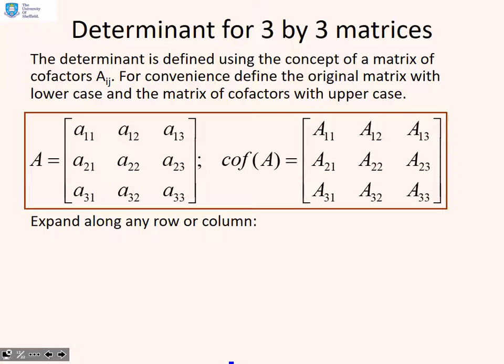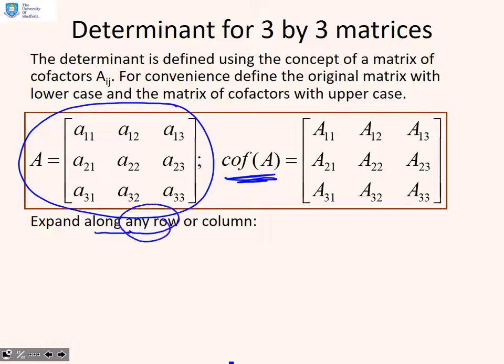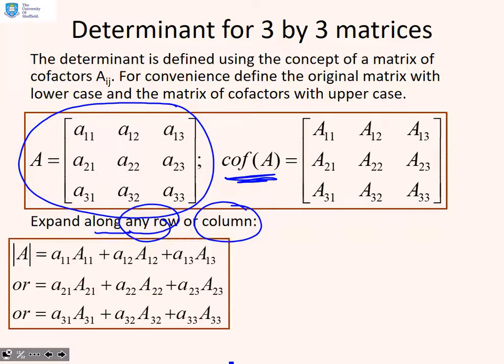Finally, a reminder of how you might calculate the determinant. We take our original matrix A, we define a matrix of the cofactor terms, and then we can do an expansion along any row or any column as follows. The coefficient A11 times the cofactor A11, plus the coefficient A12 times the cofactor A12, plus the coefficient A13 times the cofactor A13.